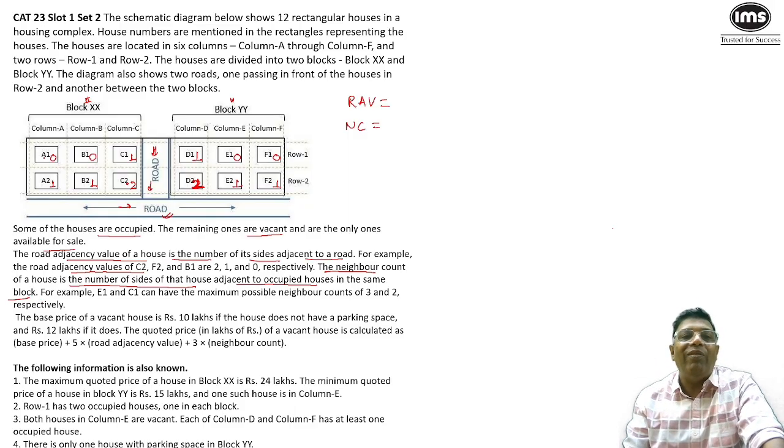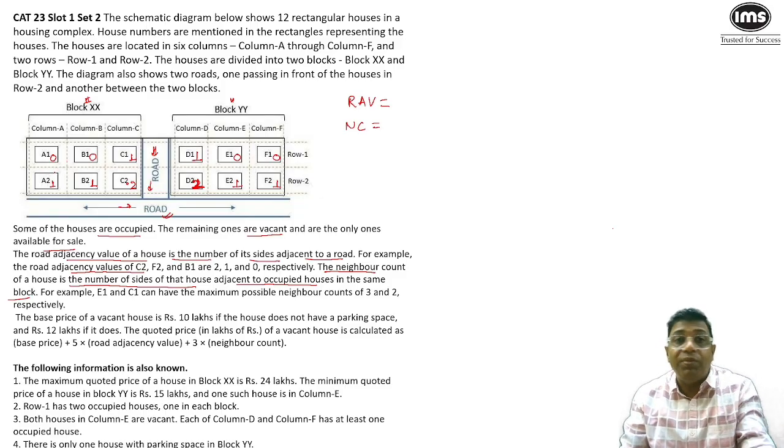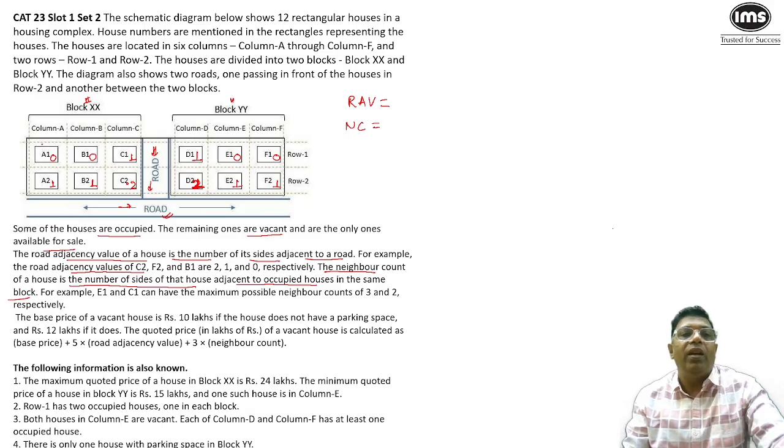Now A1 can have maximum 2 neighbors because if B1 and A2 both are occupied, in that case A1 could have maximum 2 neighbors. It might have 0 neighbors as well because I do not know which houses are empty and which houses are occupied. But definitely potentially, so I'll write the figure. What is the maximum number of neighbors one can have? So A1 could have maximum 2 neighbors.